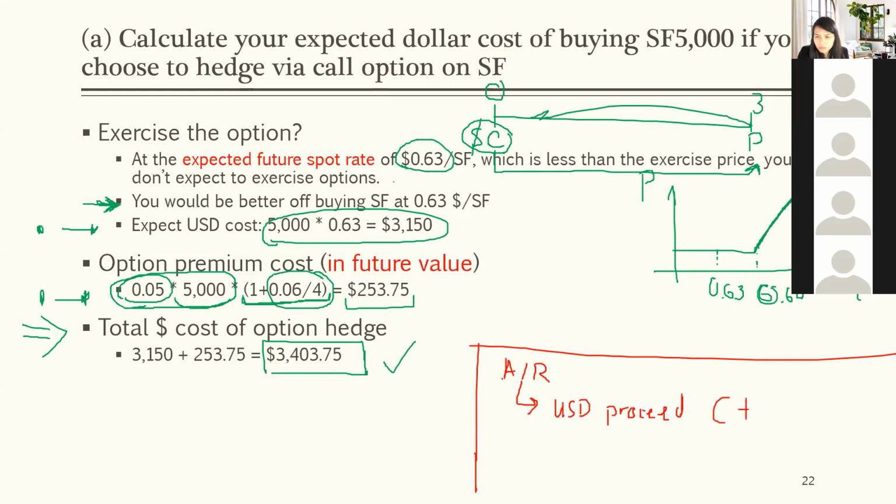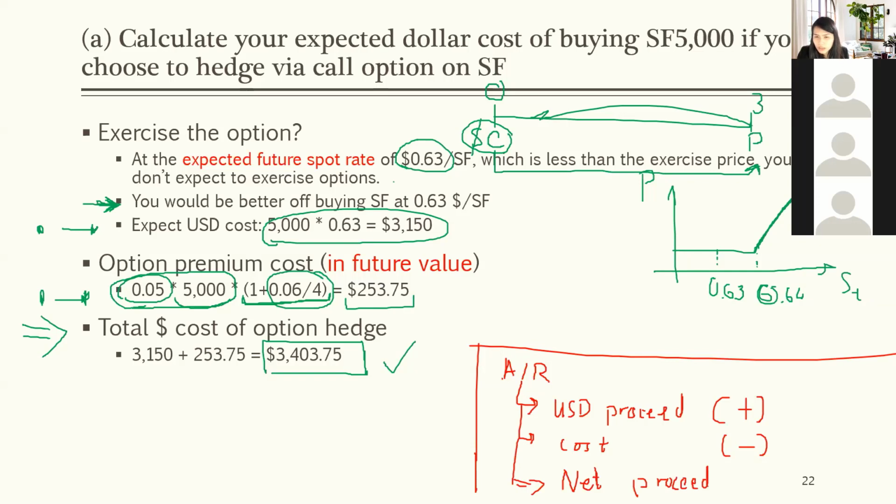So this is an expected cash inflow. However, my option premium cost is still going to be a cost, so this is expected to be a cash outflow, meaning that the overall proceed is going to be a net figure between the two numbers here. So net proceed is going to be the difference between the USD proceeds and the cost of the option premium.